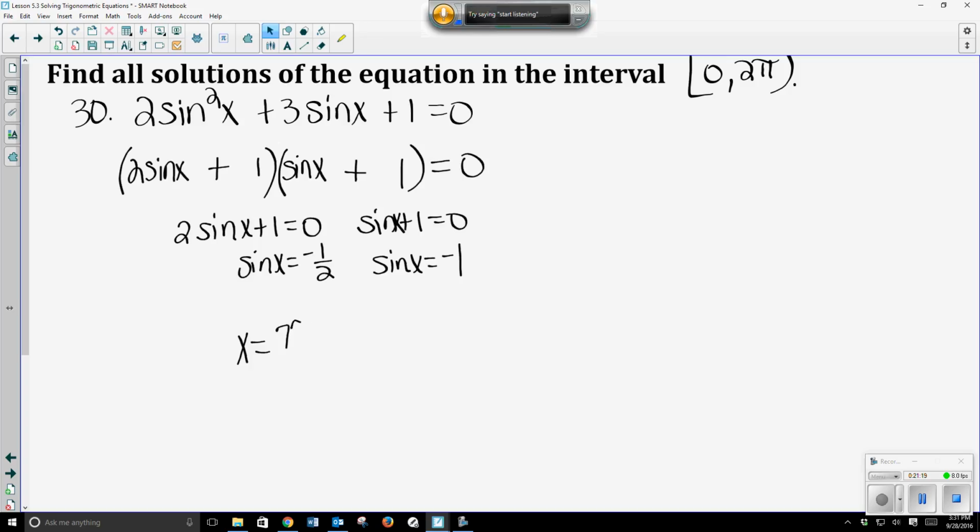That'd be 7 pi over 6, 11 pi over 6. And for negative 1, we have 3 pi over 2. Okay, that works.